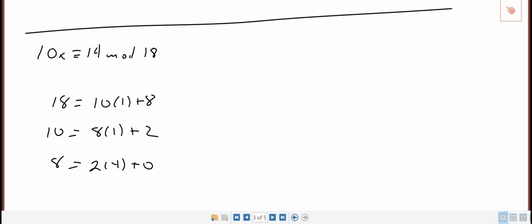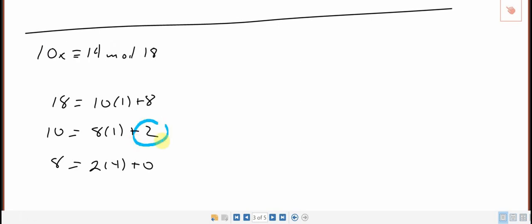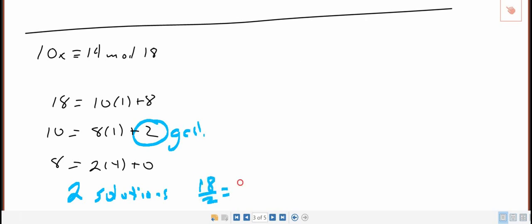It tells me I'm going to have 2 solutions, right? So that tells me then that there are 2 solutions, and also that to get the multiple solutions, we take 18 over 2 would be 9.